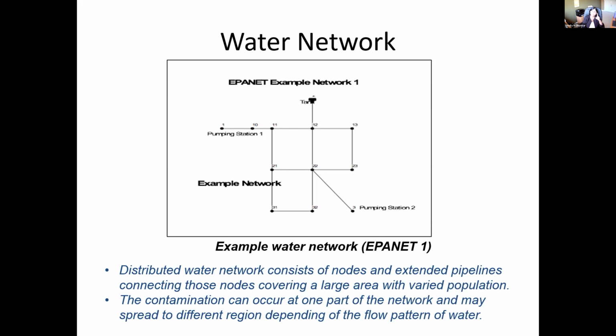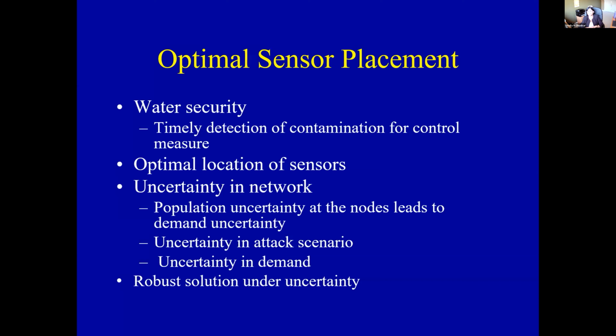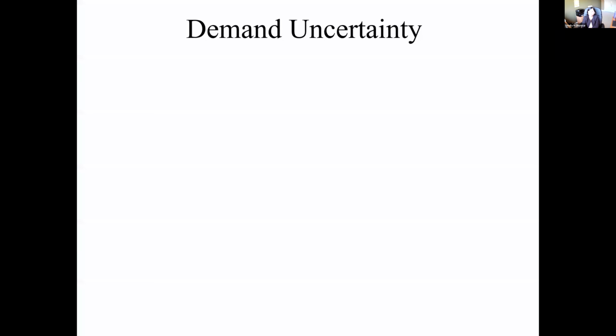And one of the different things in water networks is what happens if demand changes. So for example, here, we know that the population at different nodes can change, that means demand can change. Uncertainty about attacks can be different, but also uncertainty in population can change, uncertainty in demand can change. So how do you find the robust solution?